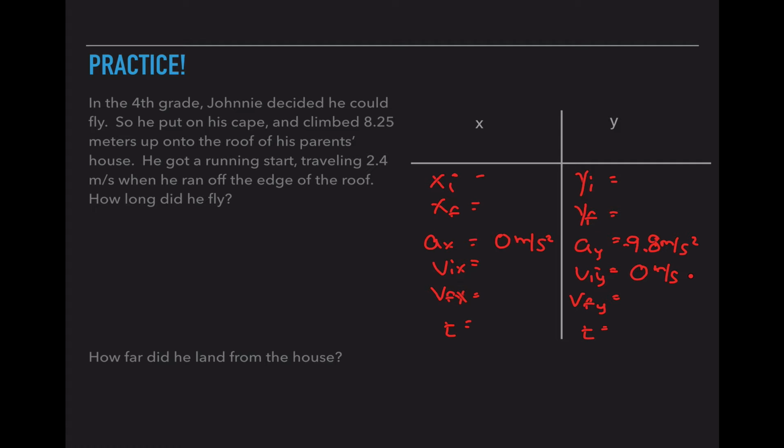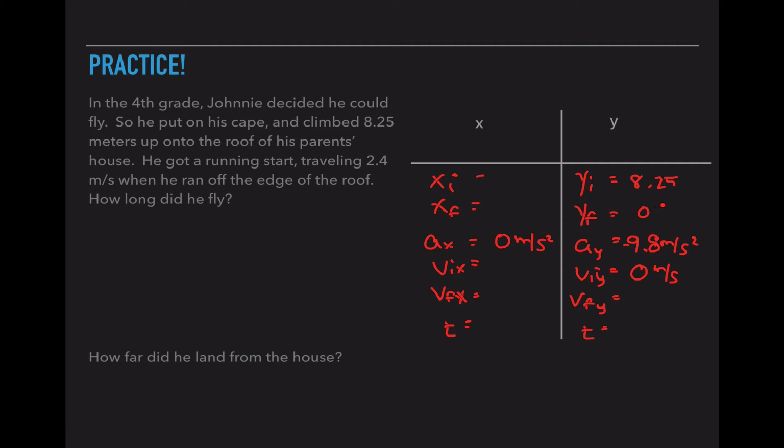So now we're going to look back at the problem, and we're going to look at the other numbers that they gave us. He put on his cape and climbed 8.25 meters up to the roof of his parents' house. So if you use that 8.25 meters as his starting point, that is going to be YI. Because then he is falling to YF being 0.